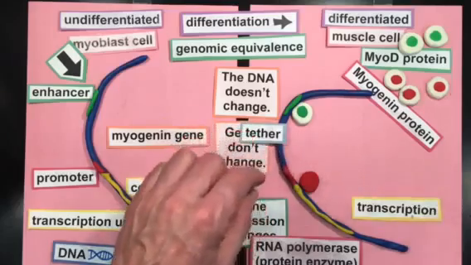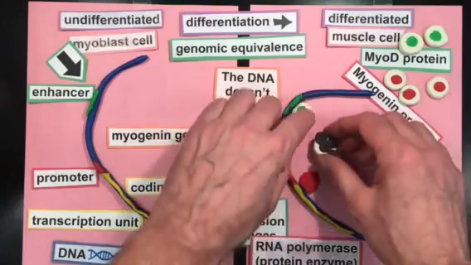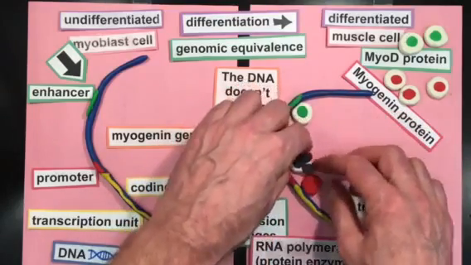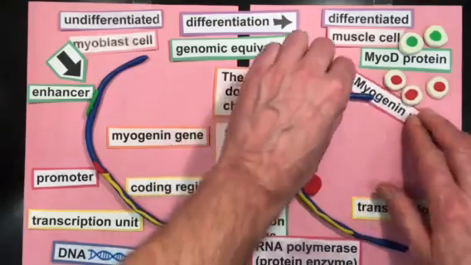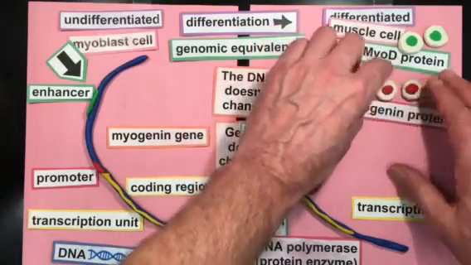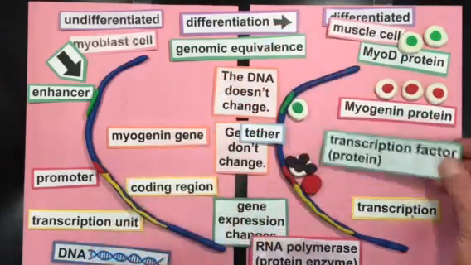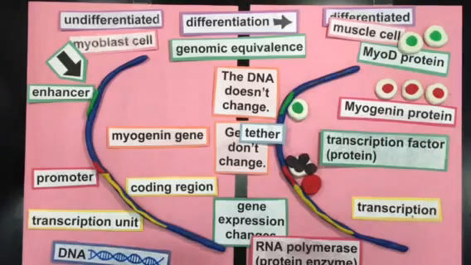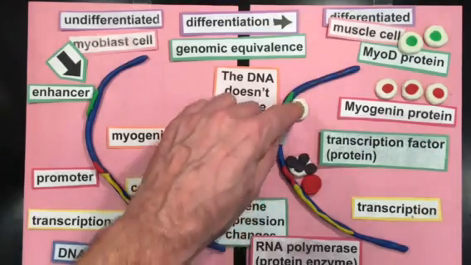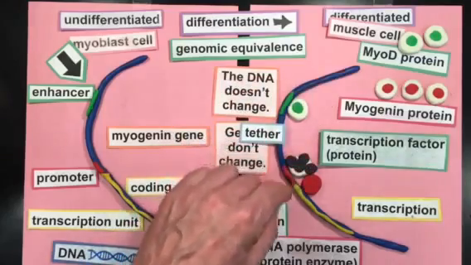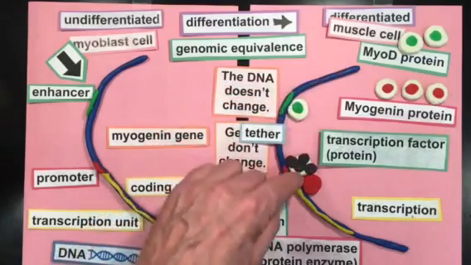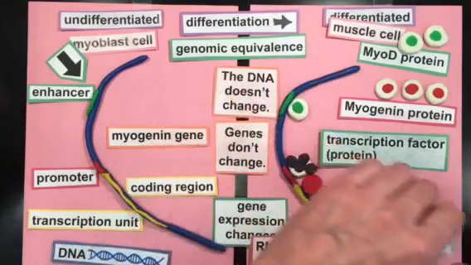These proteins include proteins bound to the enhancer and proteins bound to the promoter. Collectively, all these proteins are called transcription factors. MyoD, myogenin, and these proteins are all transcription factors, and they bind to the DNA of genes.